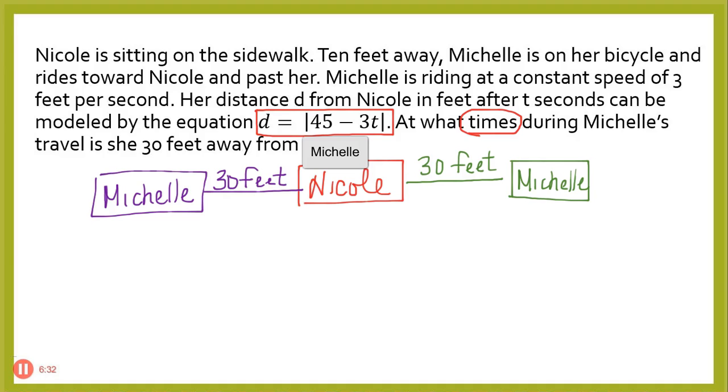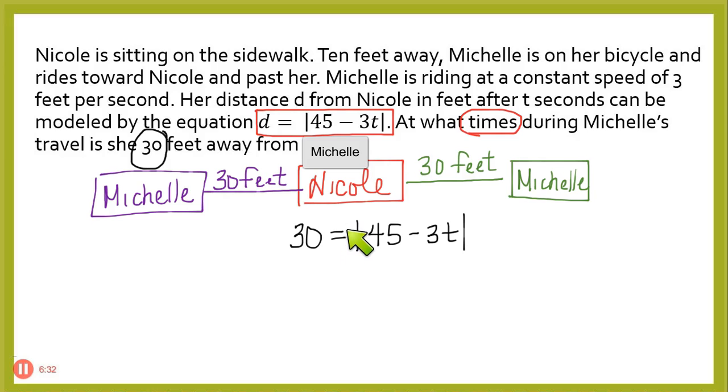First of all, her distance that we're trying to figure out is 30. So I'm going to substitute 30 in for d. So in this equation, we have 30 equals the absolute value of 45 minus 3t. Now this absolute value has already been isolated.